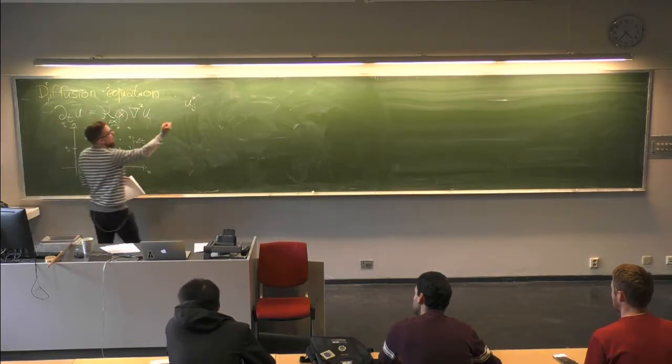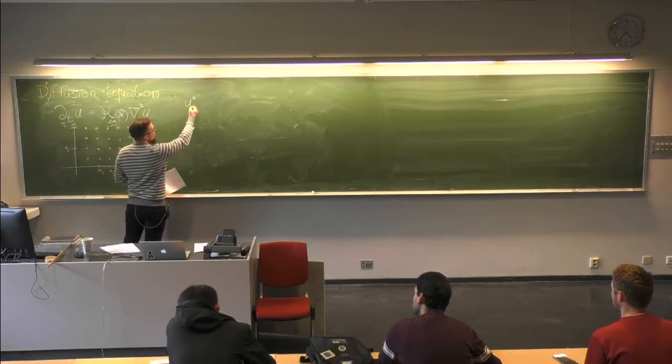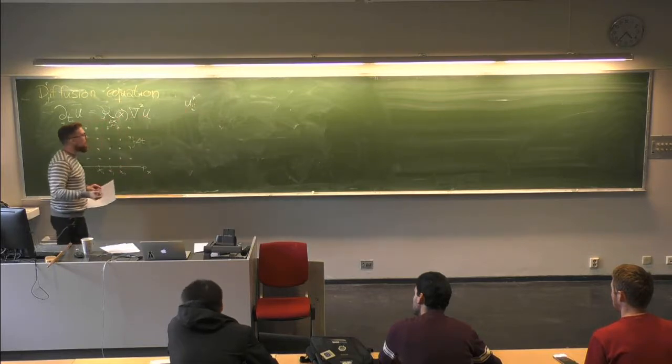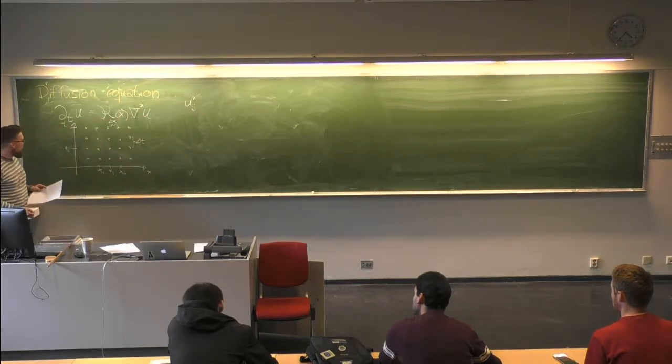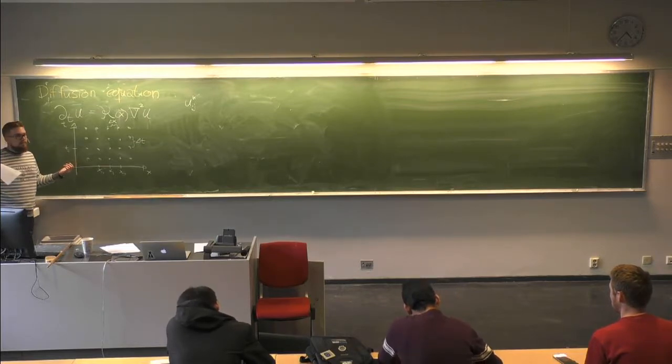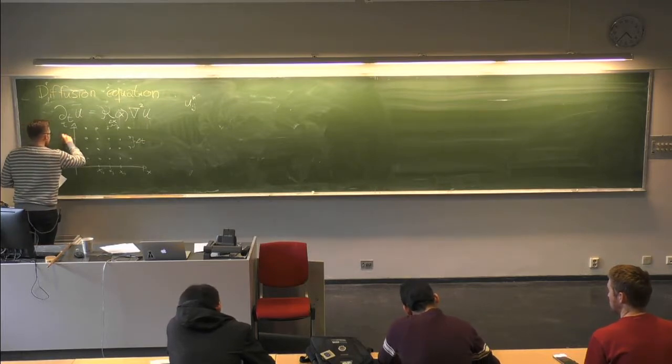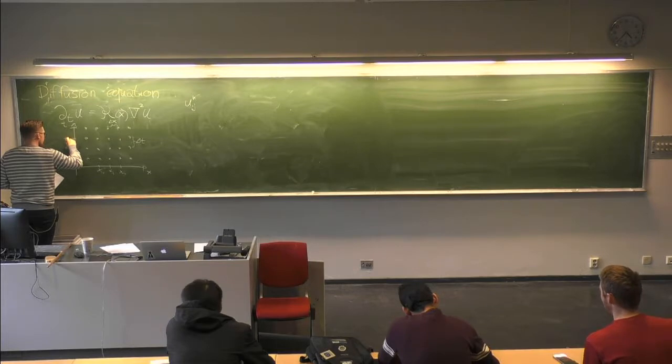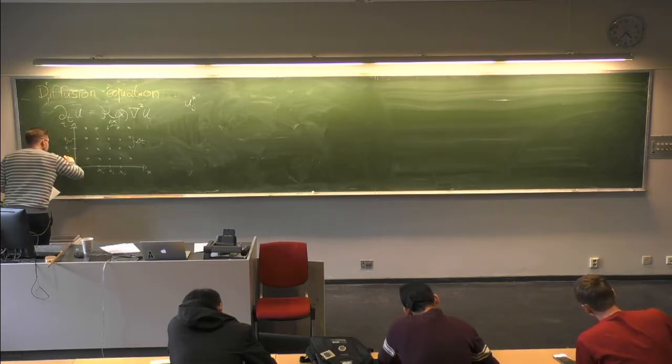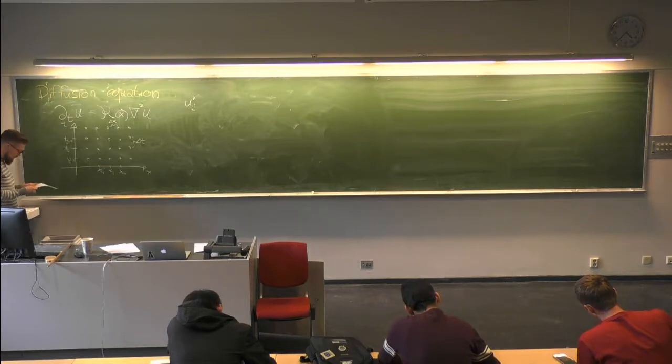Then i is the x direction, j is the y direction, and k is time. But if it's only two, then I could use k or I could use j. It's just a counting variable. What you call it doesn't really matter. Next time step, t j plus 1, previous one, t j minus 1.